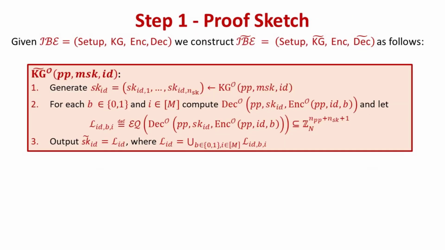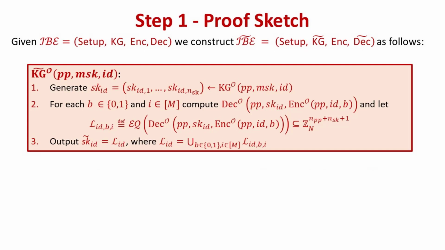Let's look at our modified key generation algorithm a bit more formally. The modified key generation algorithm first generates an identity secret key using the scheme's key generation algorithm. Then the modified algorithm encrypts and decrypts a random bit B for m times while recording the EQ sets of all the linear equations that result from the positively answered equality queries during the computation.